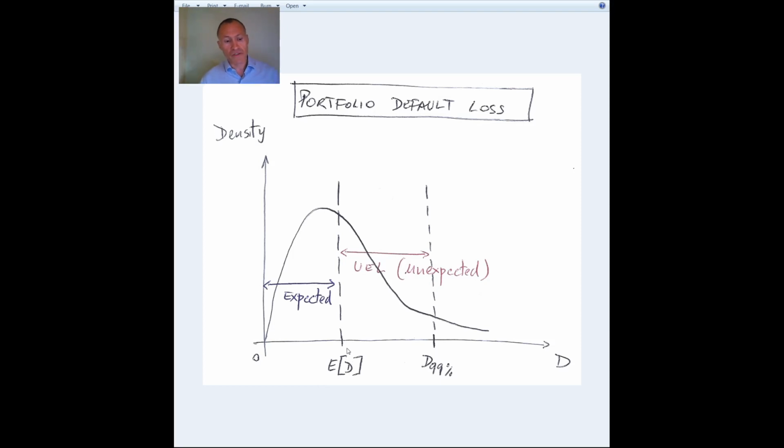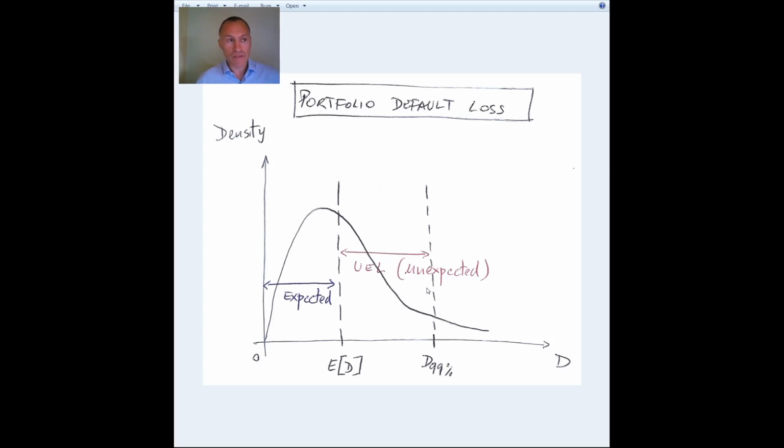But then there is this additional part of the loss which goes from here to here, this unexpected loss, that goes from the expected value to the critical VAR value, that is not priced. The way banks manage this risk is through capital buffers.